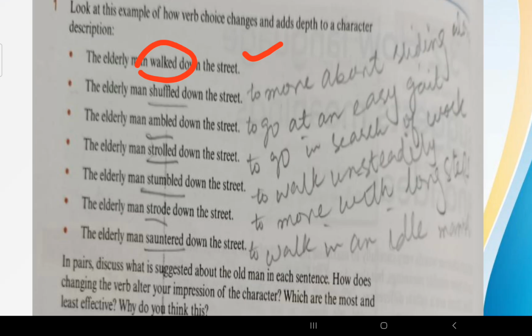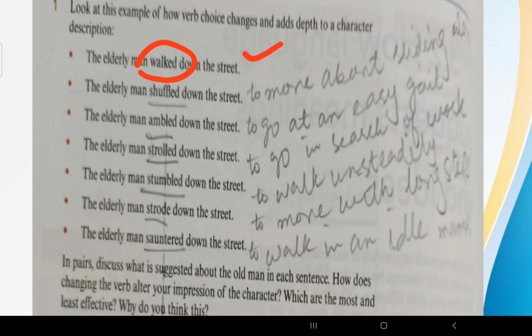Then the elderly man ambled down the street. Ambling is basically a kind of walk in which you are just strolling down somewhere at an easy gait without any tension, without any stress.